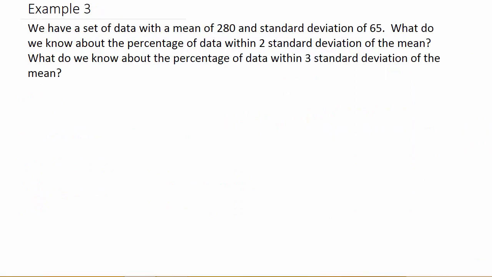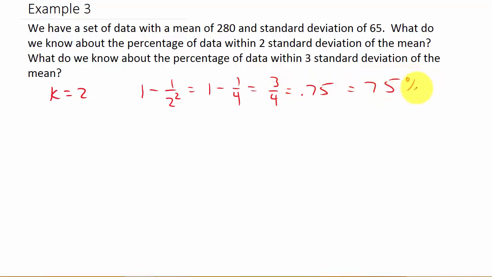And if we forget that, for 2 standard deviations, we know k is equal to 2. So 1 minus 1 over 2 squared is equal to 1 minus 1/4, which is 3/4, which equals 0.75, which is 75%. So we know 75% of the data fall within 2 standard deviations of the mean.